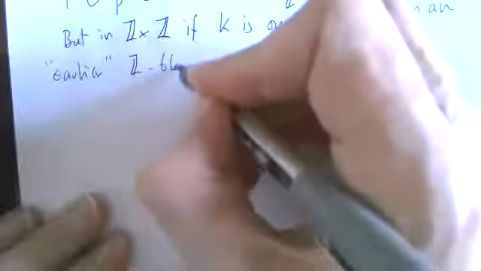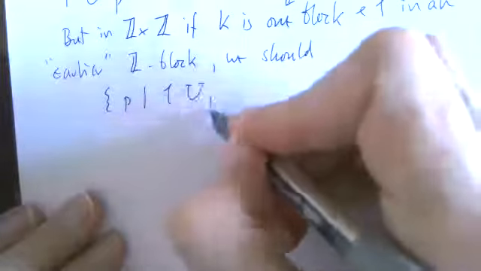But in Z cross Z, if K is in one Z block, and L in an earlier Z block, we should have the collection of P's which are in between is infinite.